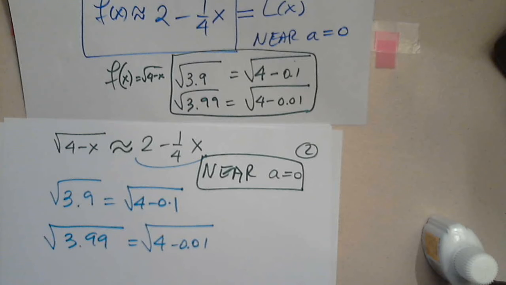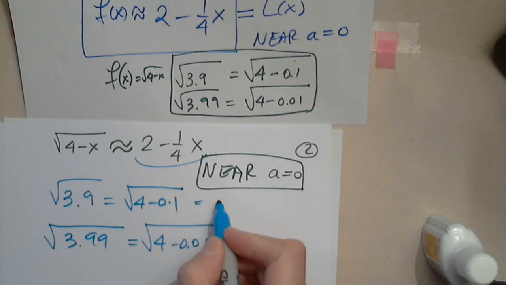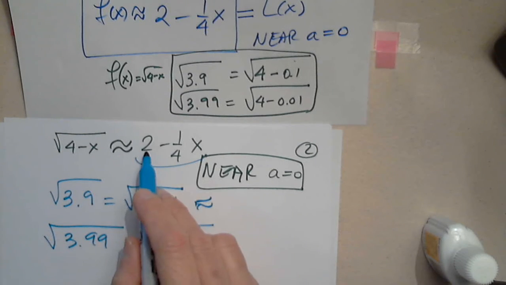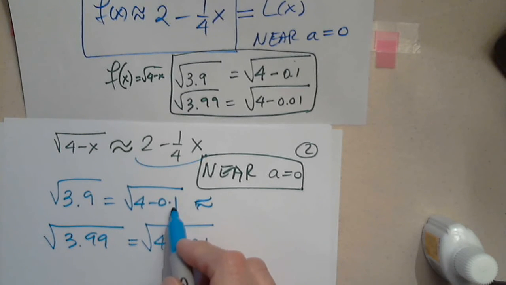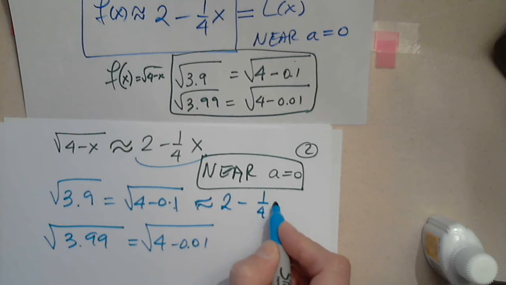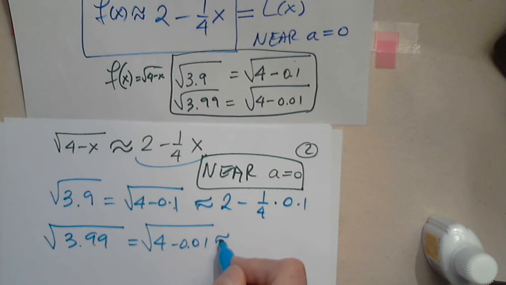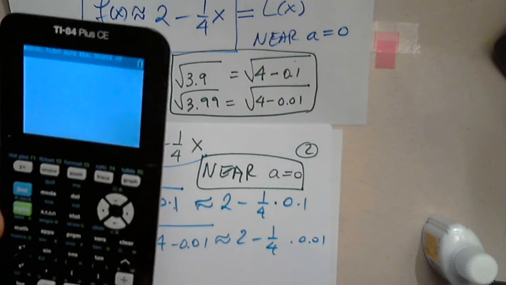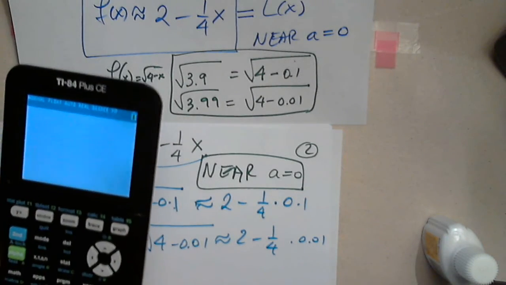So in other words, this is approximately 2 minus 1/4 times 0.1. And this is approximately 2 minus 1/4 times 0.01. So the square root, I hope you can see this. Let me see, yes, I think you can.